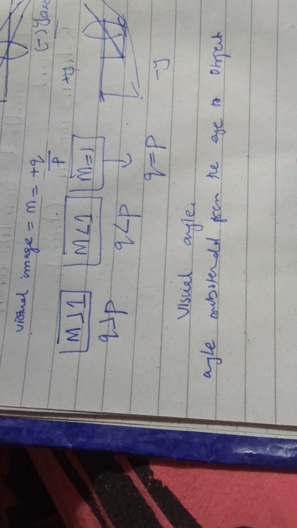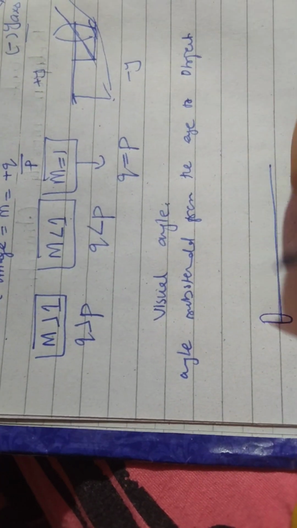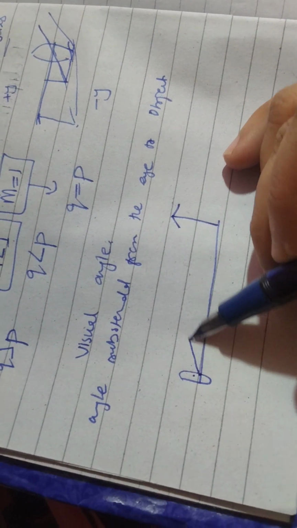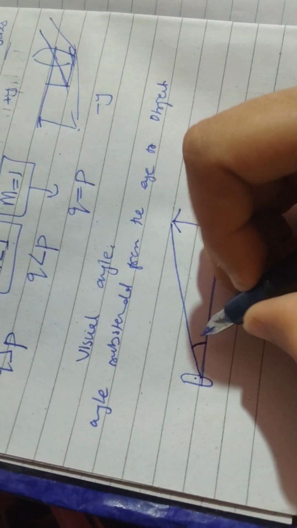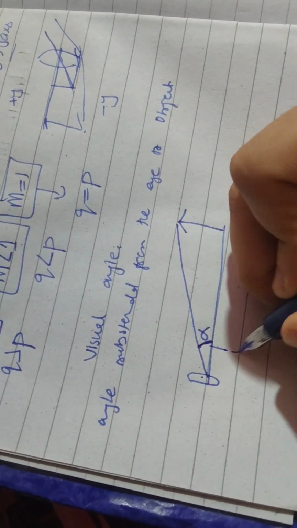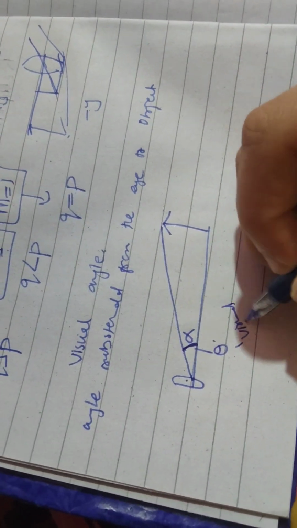For example, this is a principal axis and this is your eye, this is your eyesight, and consider the object is placed over here. The angle between your eye and the object, this theta, which we will show by alpha, is known as your visual angle.